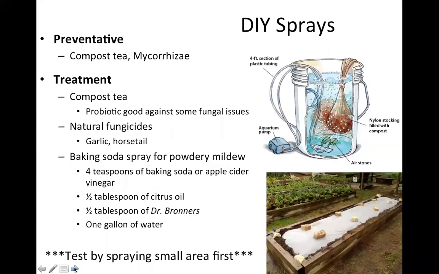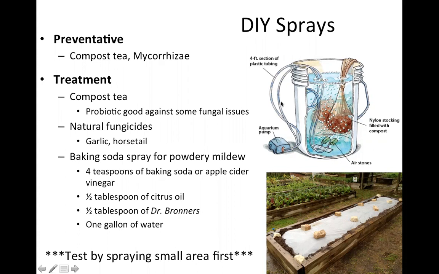Speaking of which, compost tea is definitely one of the best things. It's a fantastic thing that you can use to spray. I'm actually going to show you a video on how they make compost tea. Basically, they put healthy finished compost, you don't want to use unfinished compost, in pantyhose or a cheesecloth and soak it in water.